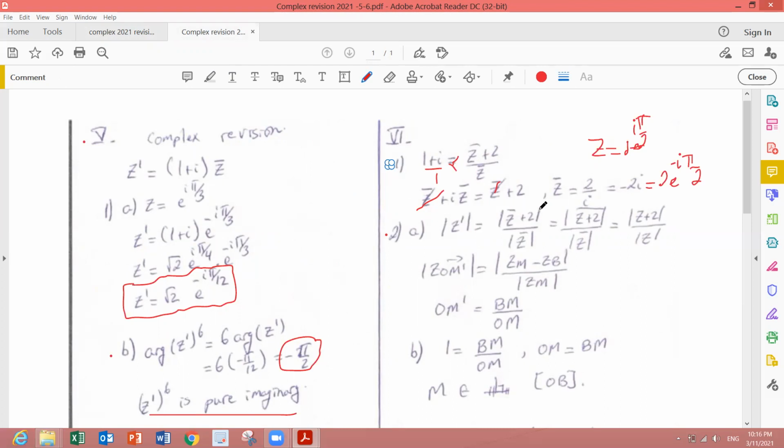Since 2 is real, it is here Z plus 2, all of it bar, over modulus of Z bar. Property: the modulus of the bar equals modulus of Z plus 2 over modulus of Z. So modulus of Z prime is OM prime, modulus of Z minus Zb, where minus 2 is the affix of B, over modulus of Z, or OM, which means OM prime equals BM over OM.